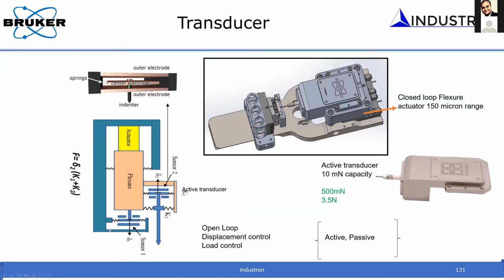So with this combination, we have 3 different control loops. One is open loop, the displacement control, and load control. Because we have 2 types of sensing capability, an active transducer to apply the force electrostatically, as well as the passive sensing through a spring deflection, you can have this combination as well.